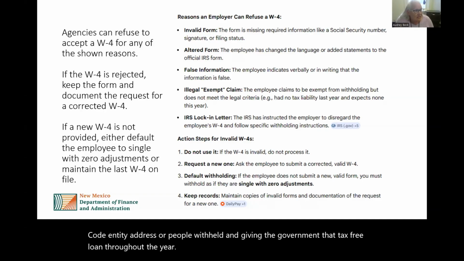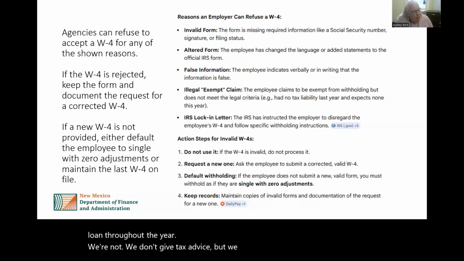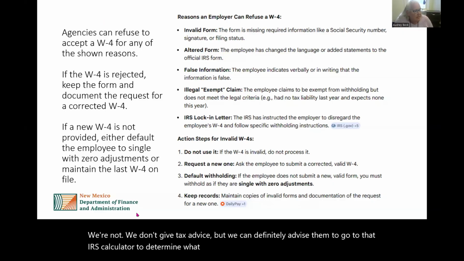We don't give tax advice, but we can definitely advise them to go to that IRS calculator to determine what would be in the best interest of them when completing their W-4.